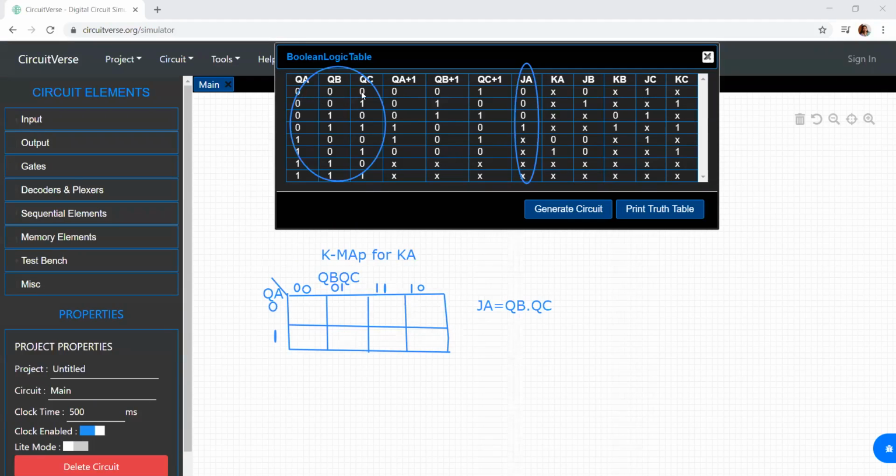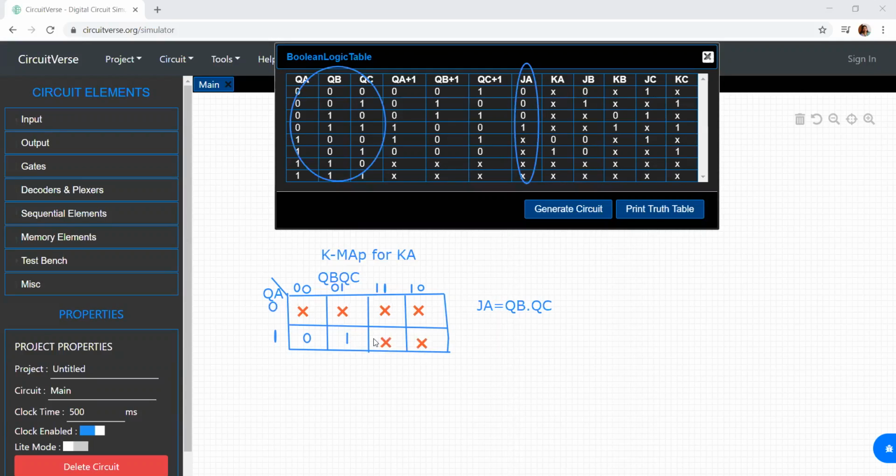For 0, 0, 0, I get an x for KA. For 0, 0, 1 also it is an x. This is also an x. This is also an x. Next I will be having 0, 0. Then I have 1. Then the other two values are x and x.